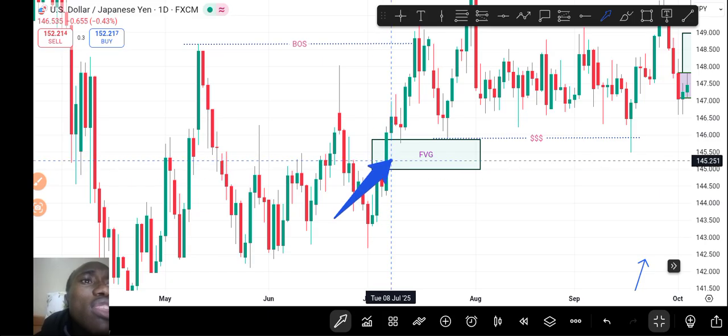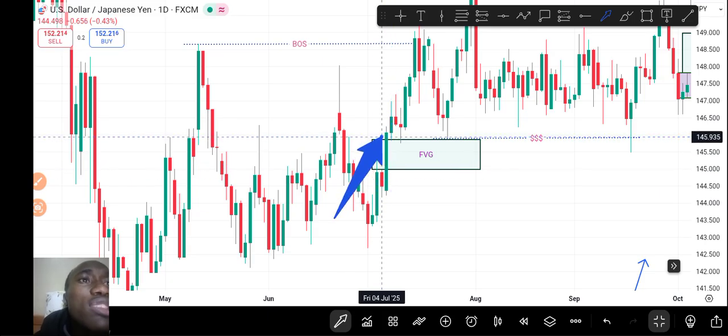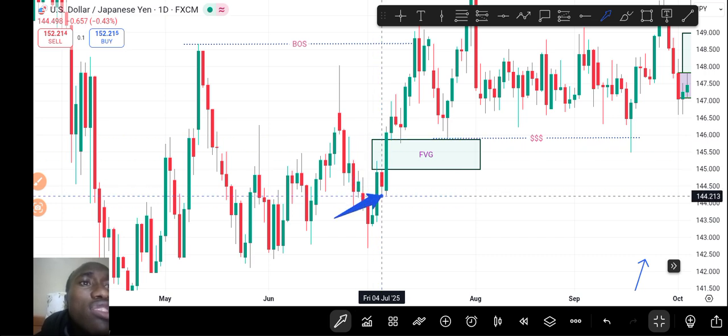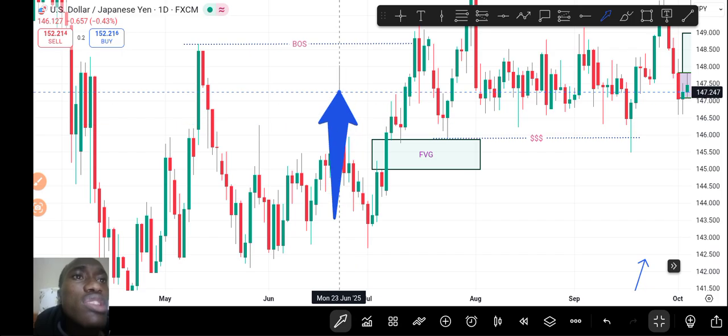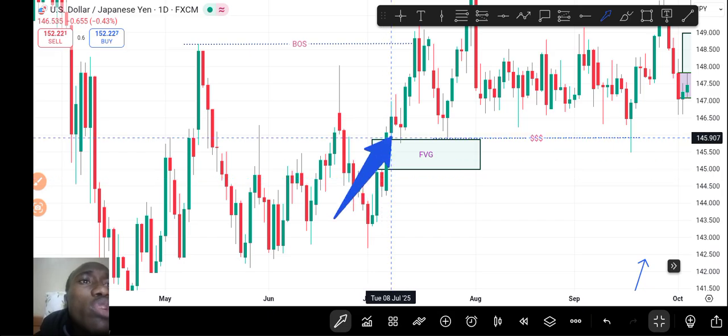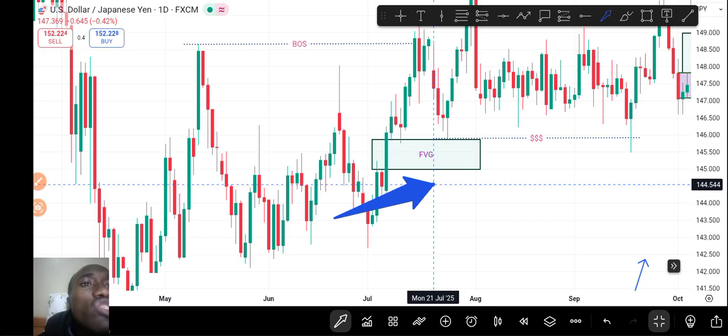There was no overlapping of the wicks. These are the shadows, these small wicks. There is no overlapping between the wicks of these two candles. What it left is an FVG, or a fair value gap.